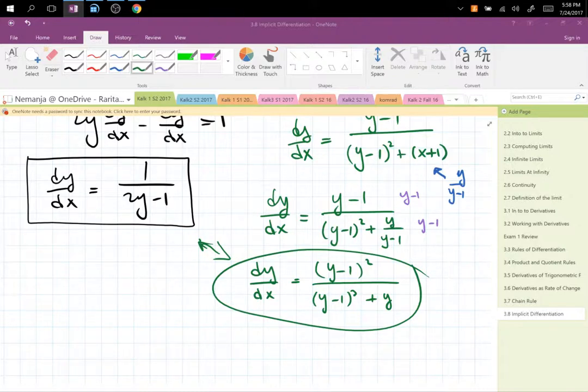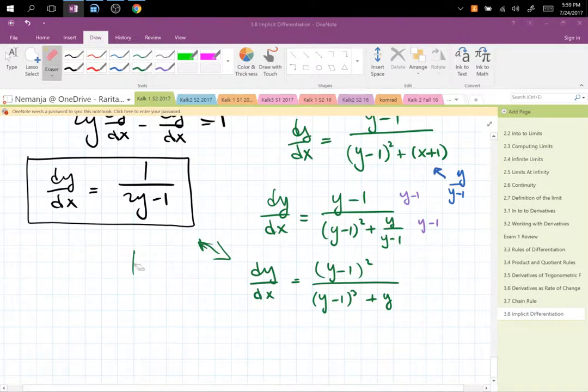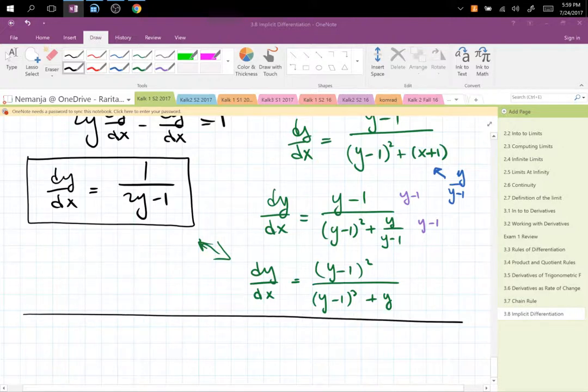There is a mistake somewhere because they don't give us the same number. Y equals 1 gives me 1 over here, and y equals 1 in this one gives me 0. So there is an algebraic mistake somewhere. I'll have to figure this out, and I'll fix it.